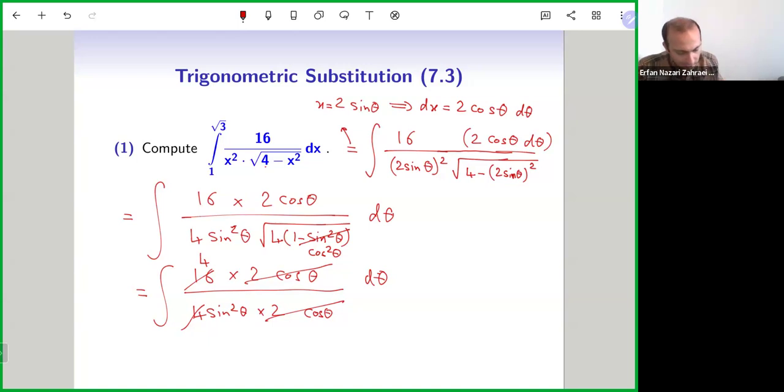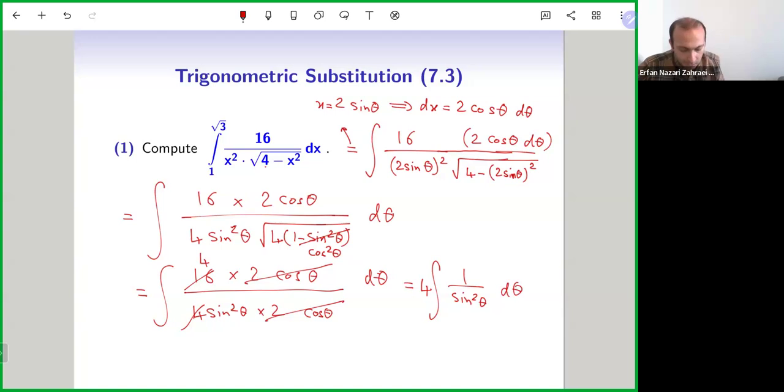So at the end, if you simplify, we get 4. Let me write 4 on the back, and then 1 over sine squared theta d theta.